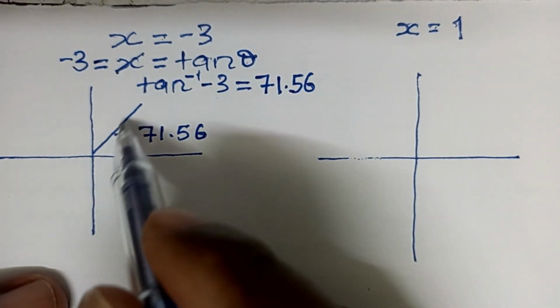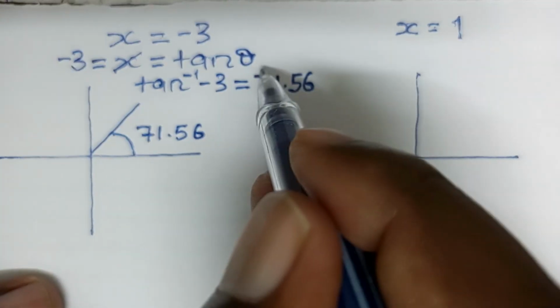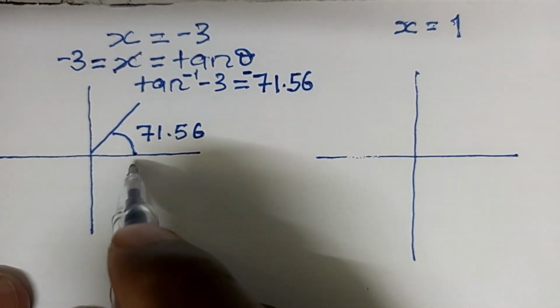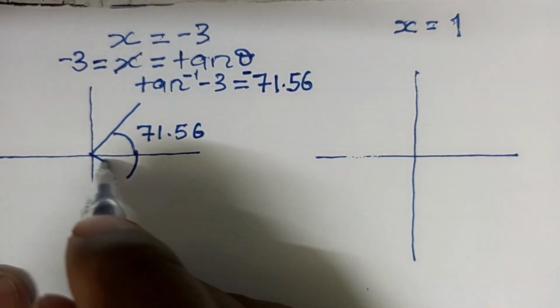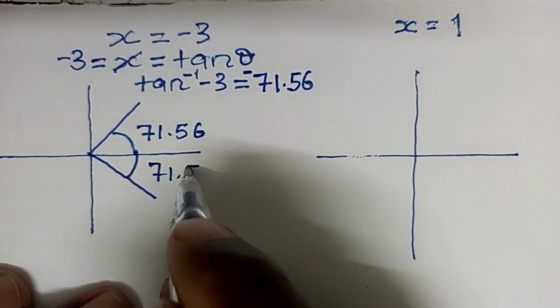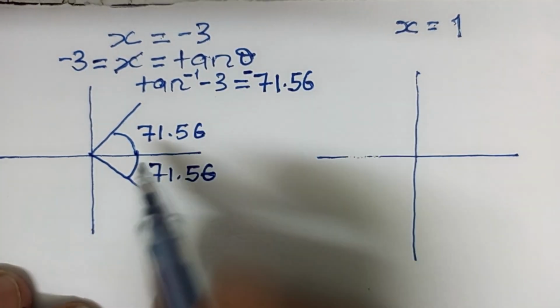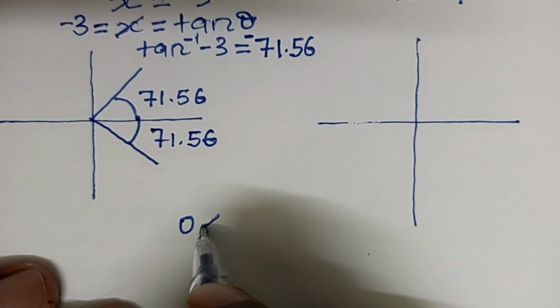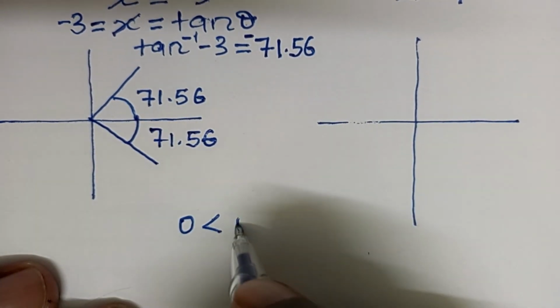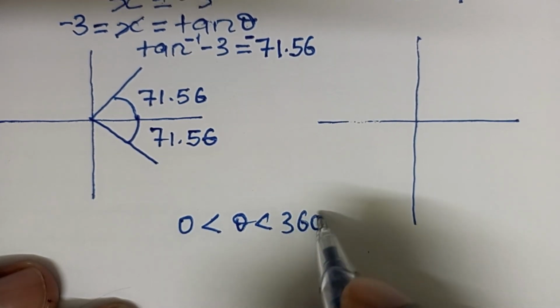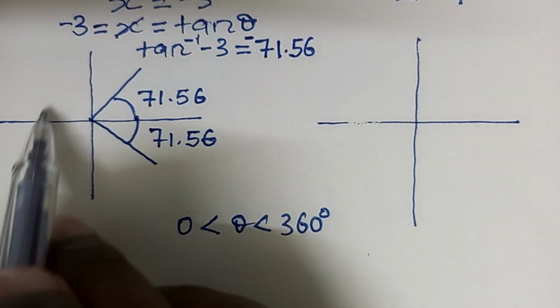This is now going to be negative, negative 71.56. And since we are asked from 0 to 360, then we add 360.